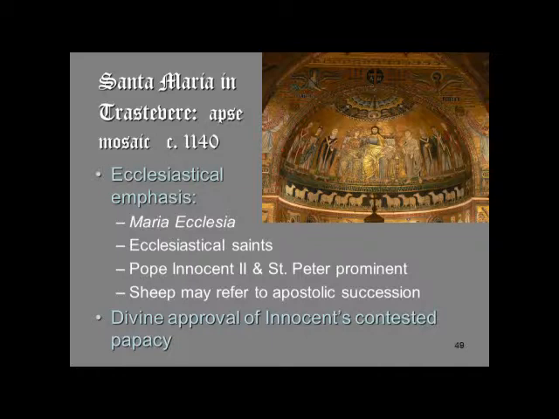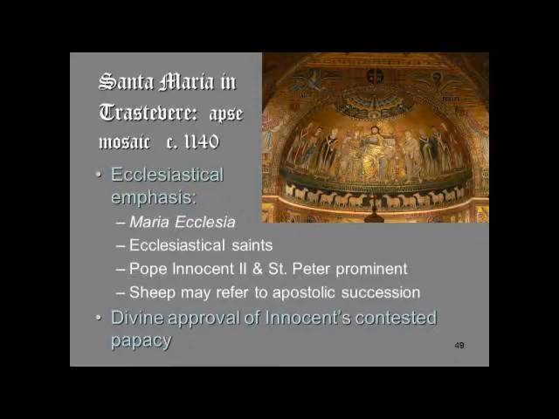Innocent is right there, up in heaven with Christ and Mary, and this shows the divine approval of Innocent's contested papacy. Christ himself, Mary herself, support Innocent.